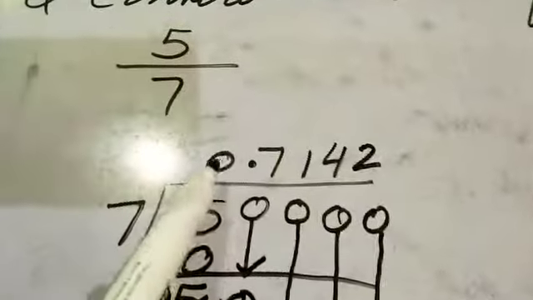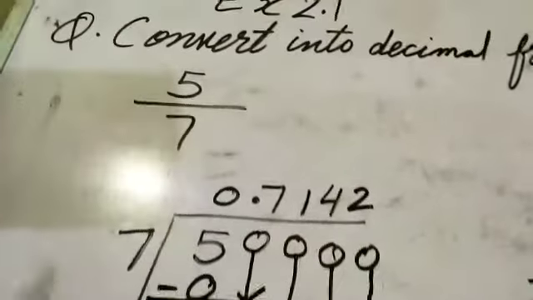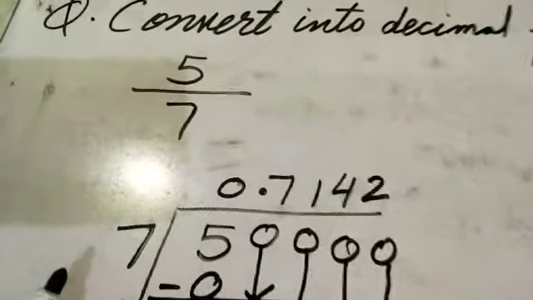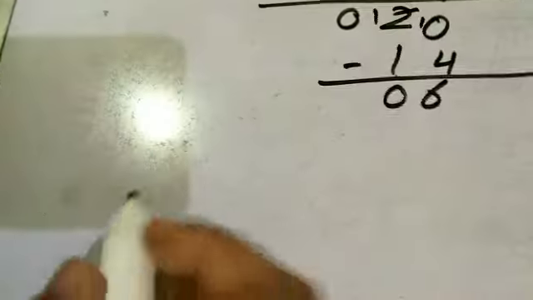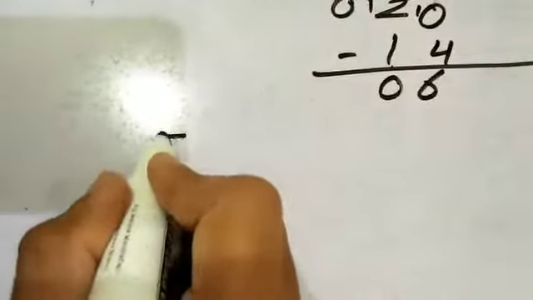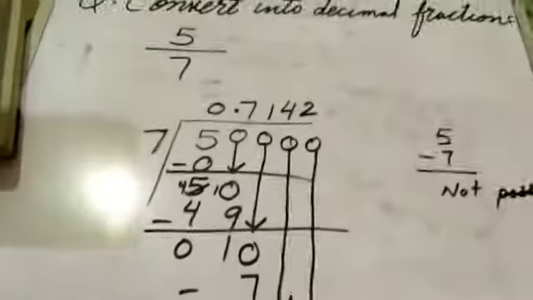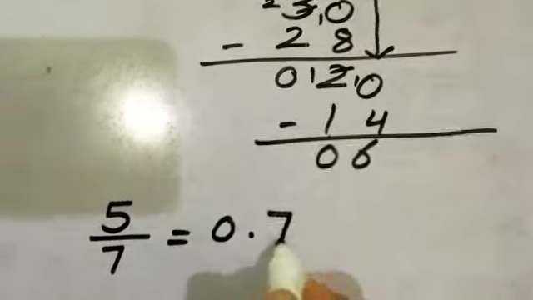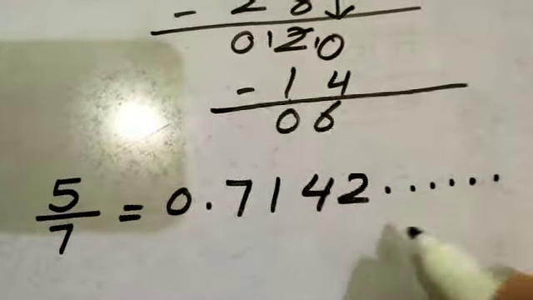So 5 over 7 is 0.7142. It means this is a non-terminating decimal and this is not exactly divisible. So the answer is 5 over 7 equals 0.7142 and so on.